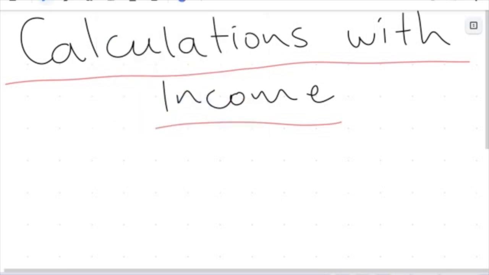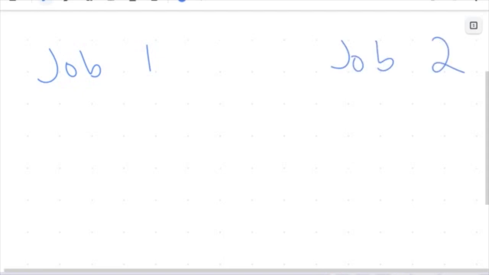So let's say you finish school and you are choosing between two jobs. So you have job 1 and job 2. Now, job 1 is a salary. Job 2 is a wage.